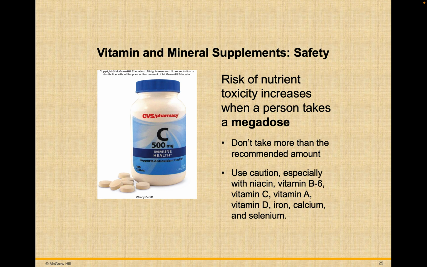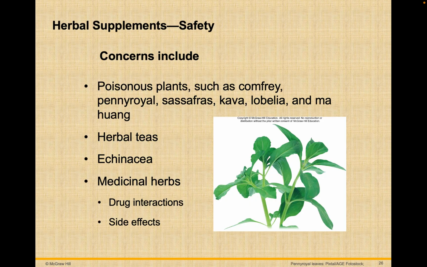Again, we'll talk about these more in the chapter on vitamins and minerals. Safety is also a concern if you take herbal supplements. And that is because some of the herbs taken in large doses can be poisonous. There also can be interactions with other drugs that you take, as well as side effects.